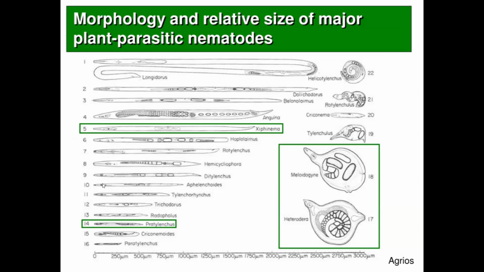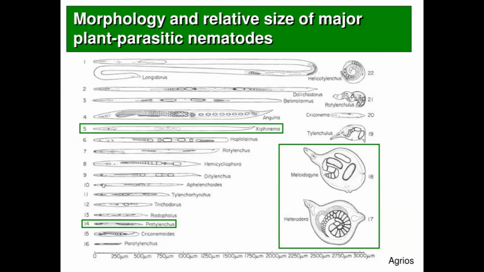On number 10, Mary, what is number 10? Okay, is Dictylencus. Allow Mary to talk. Aphilencoides, sir. Very good.